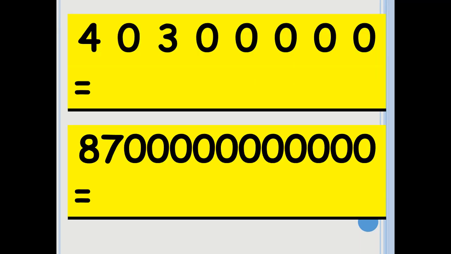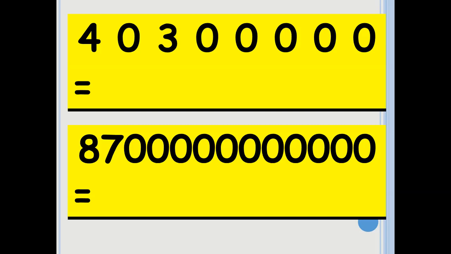Let's look at 2 more examples. This time we have got a rather large number, 40,300,000. Again, if you are working in science, physics and chemistry especially, where you deal with really large numbers, you don't want to be writing these huge numbers over and over again because mistakes can creep in.